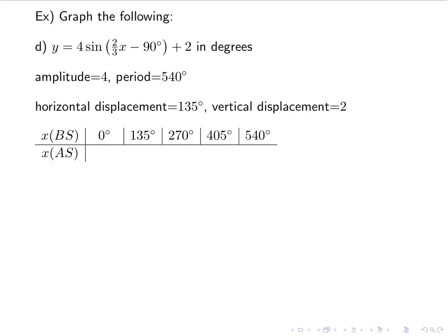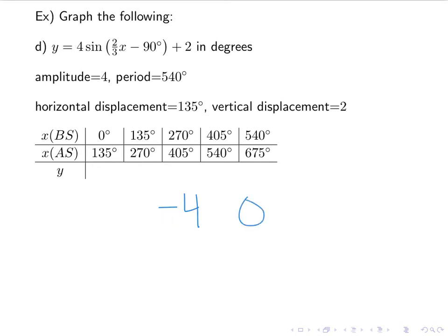Then we start with our after shift values. So again, we're going to be adding 135 degrees to each of those angles. So we get 135 degrees, 270 degrees, 405, 540, and lastly 675. For our y values, we look at the fact that it's sine and that we're adding 2. So my minimum was negative 4, my 0 was 0, and my maximum was 4 based off of my amplitude.